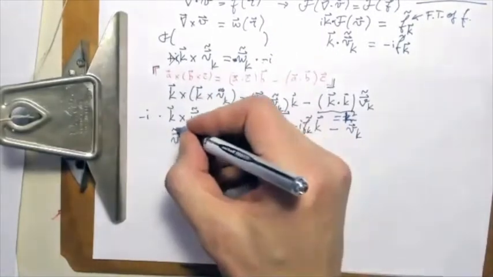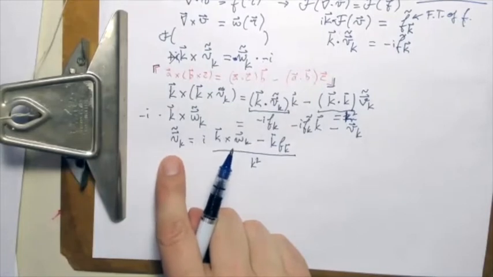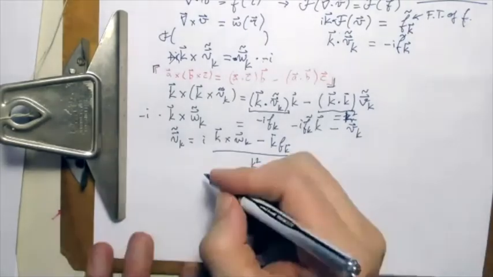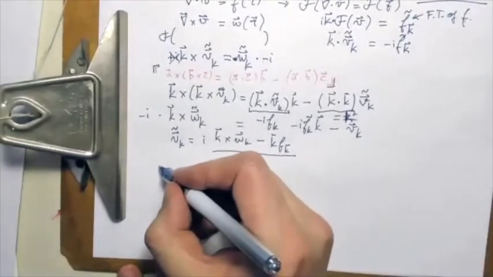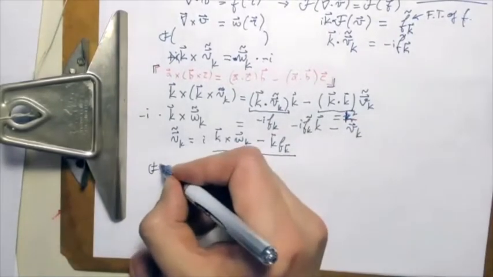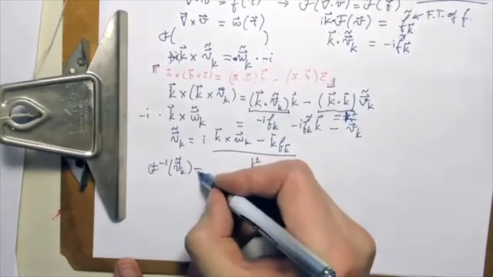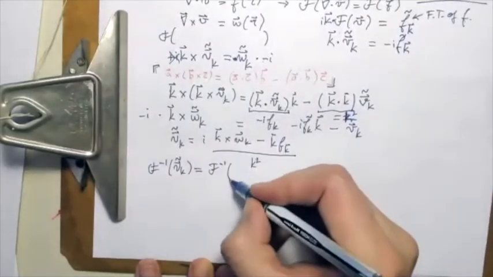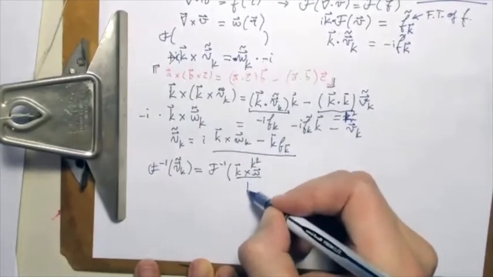Of course, this is still a Fourier transform. So if we really want to do this properly, we should do the inverse transform. So we'll do the inverse transform F minus 1 of v k. That's the inverse transform of, okay, here we go, k with w over k squared.